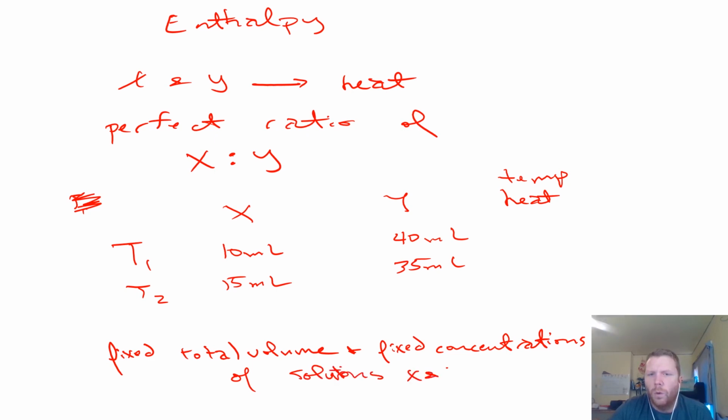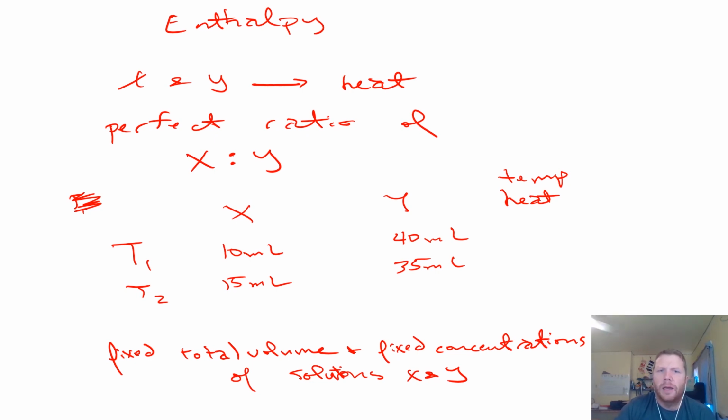X and Y. This is important because by maintaining a fixed total volume and fixed concentrations of our 2 different solutions, when we change from trial 1 to trial 2, going from 10 milliliters of X to 15 milliliters of X, and correspondingly 40 milliliters of Y to 35 milliliters of Y, by changing the volume of each individual reactant, we're effectively changing the number of moles.